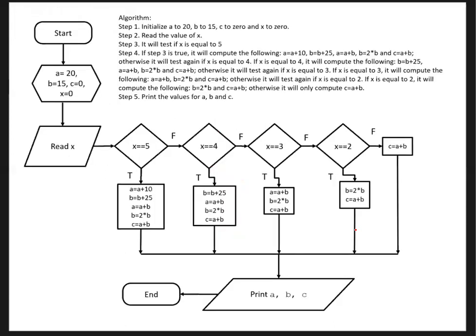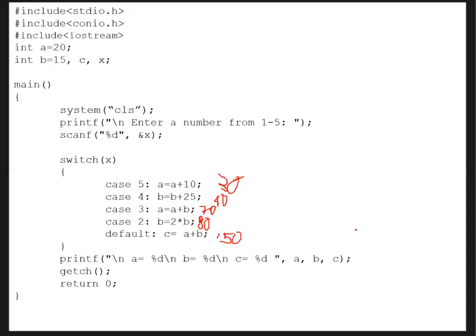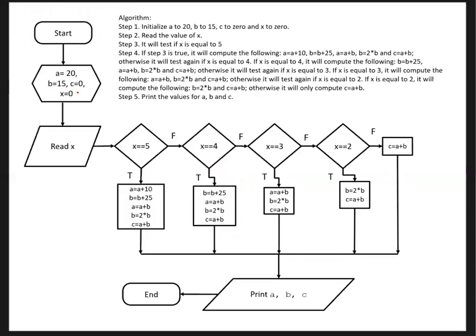So this is the algorithm for that. Take note that again, a is equals to 20, b is equals to 15, c and x don't have an initial value, so that's why I just initialize them to 0.